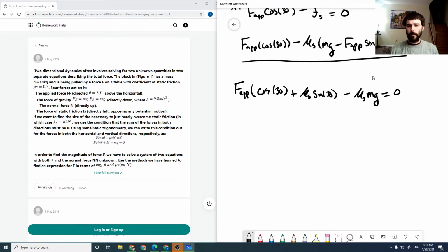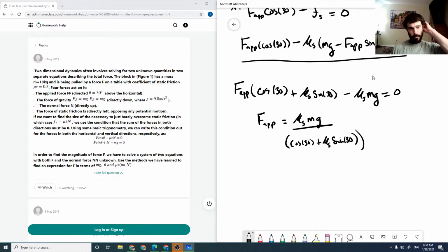Or rearranging, we've got that our applied force is equal to mu s mg over cosine of 30 plus mu s sine of 30.